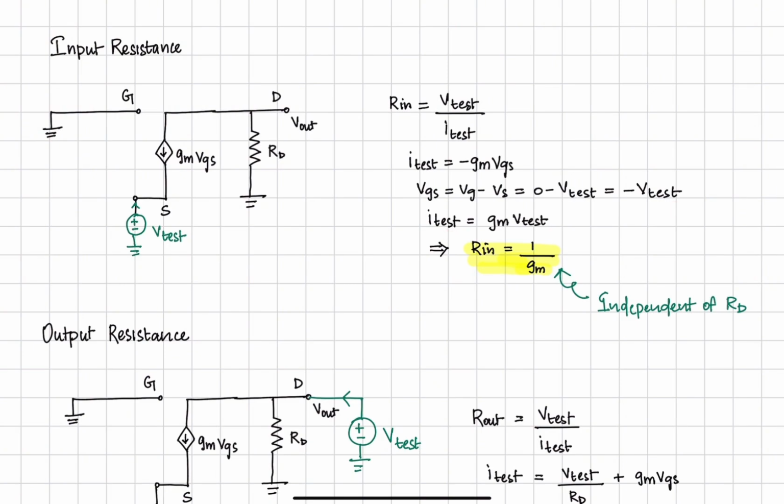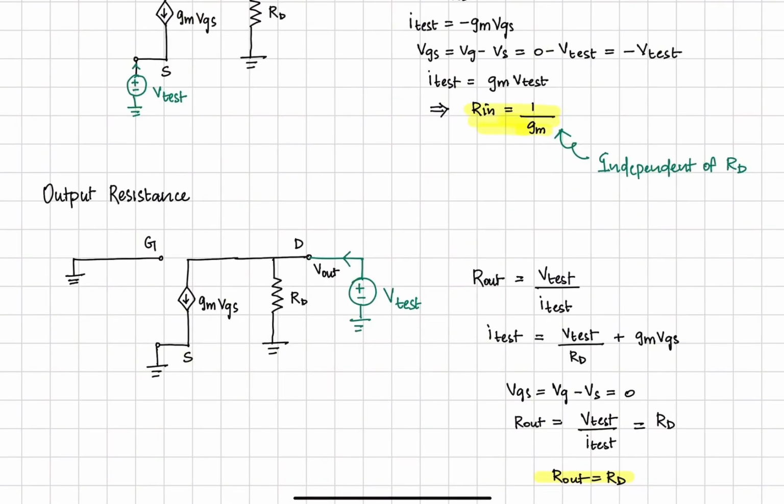Hence Itest is equal to gm into Vtest. By rearranging this, we get the input resistance as 1 divided by gm. You can see that the input resistance is independent of RD, and the input resistance was infinite in the case of the common source amplifier.